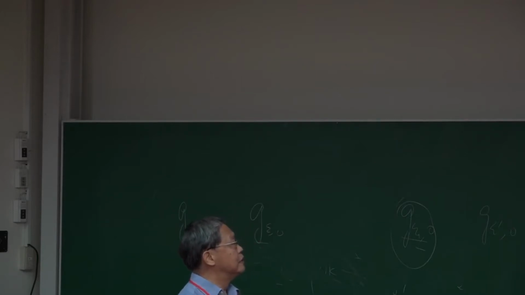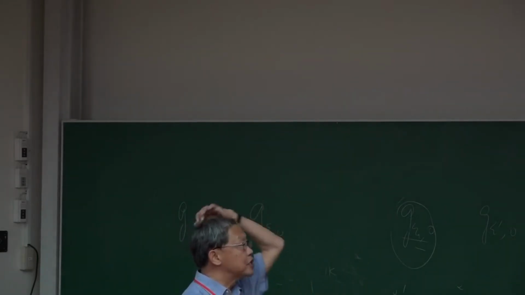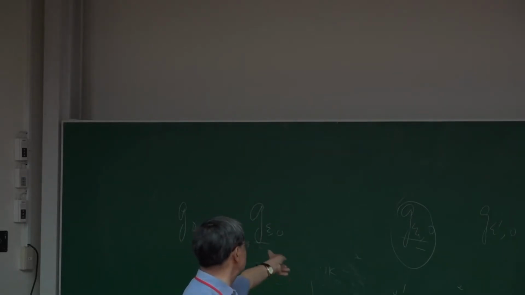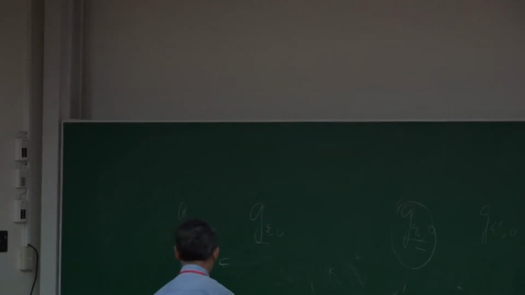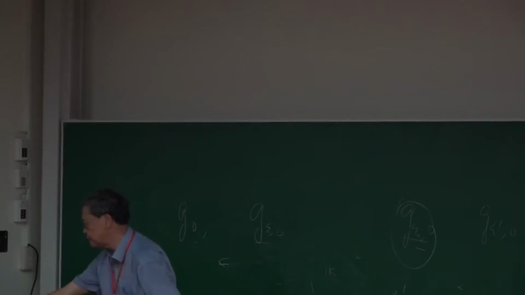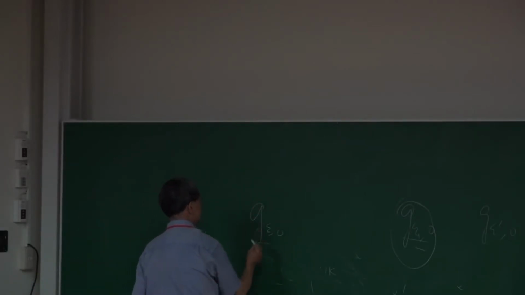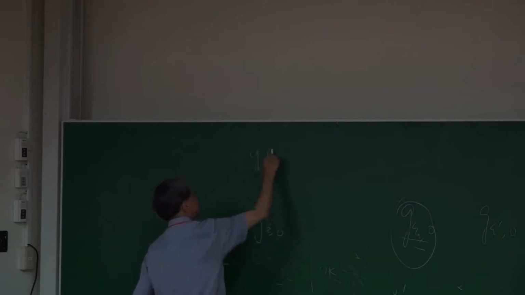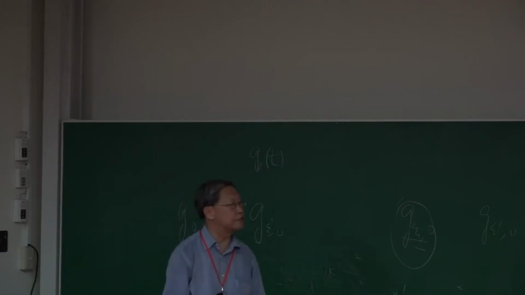So, consider this approximation g0. In our case, we have the first approximation, and the second approximation, g epsilon t. From here, we solve the equation.